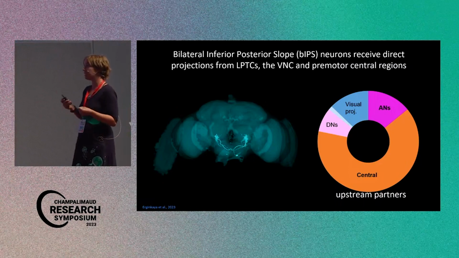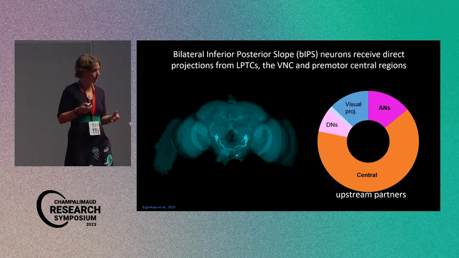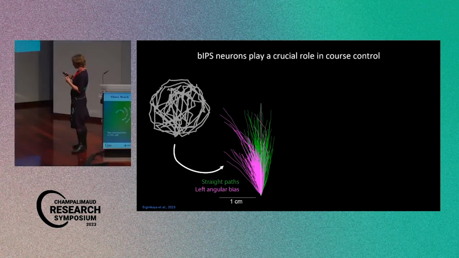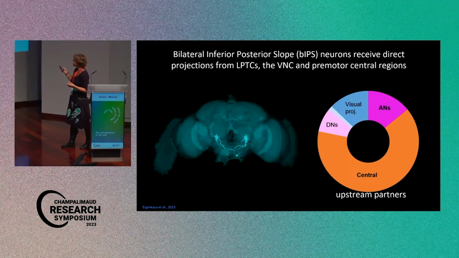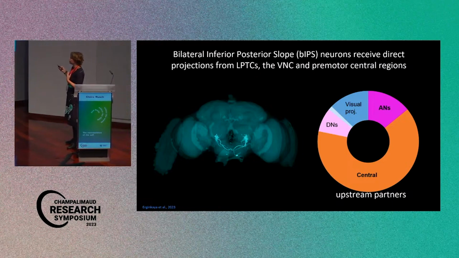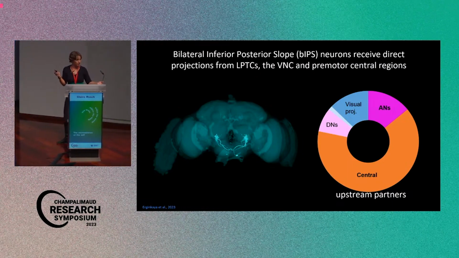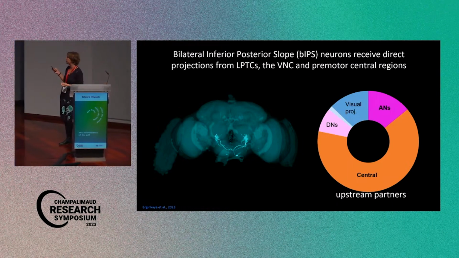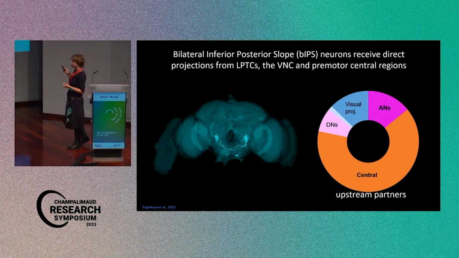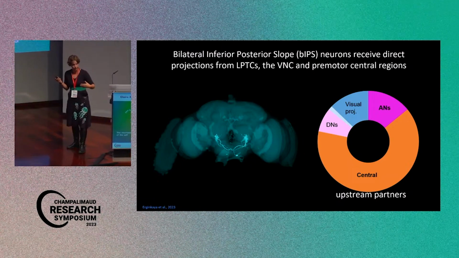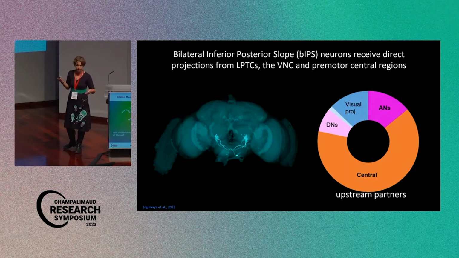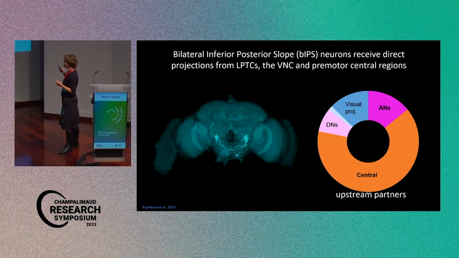So the BIPS neuron is very interesting for several reasons. One of the major interesting facts is it receives, of course, visual information from those LPTCs, as I say, but it also receives a lot of information from ascending neurons, so from neurons that come from the ventral nerve cord, the equivalent of the spinal cord in the fly, and also a lot of central brain information.